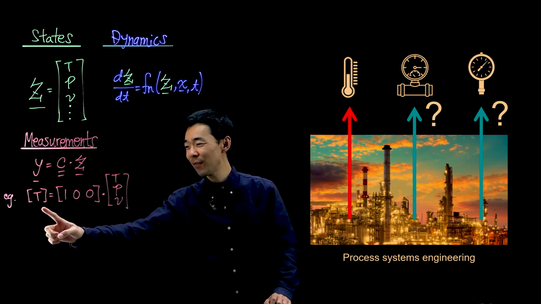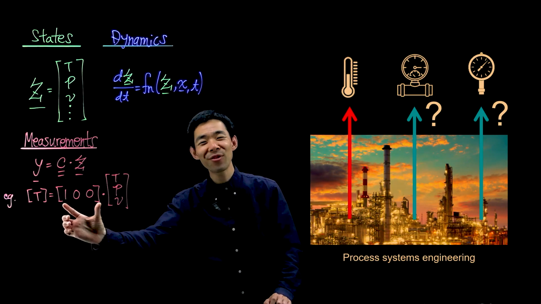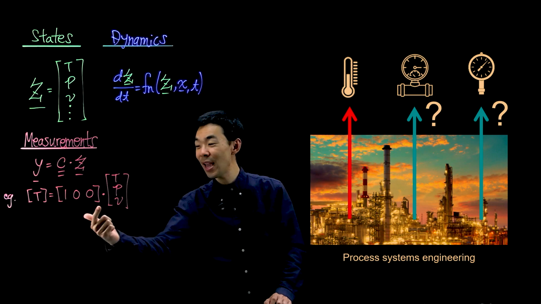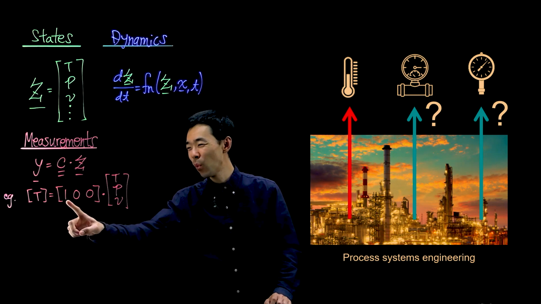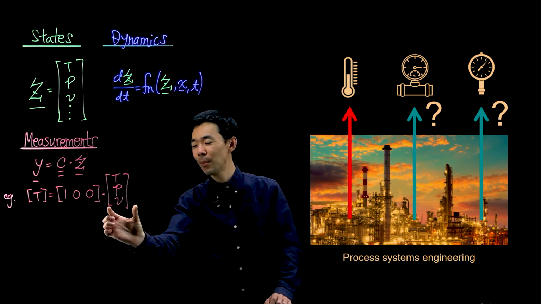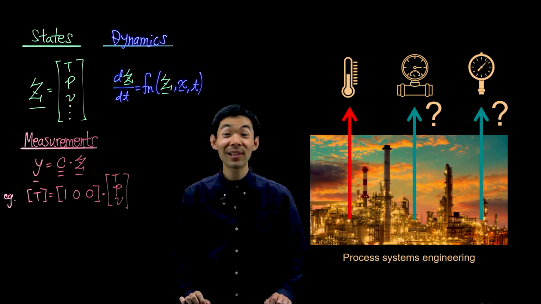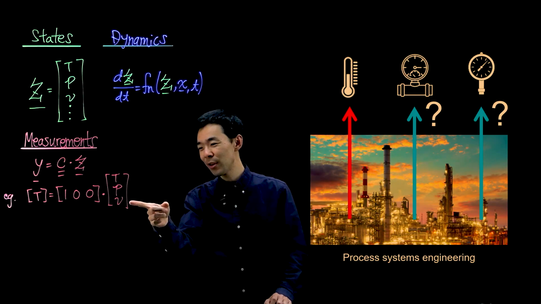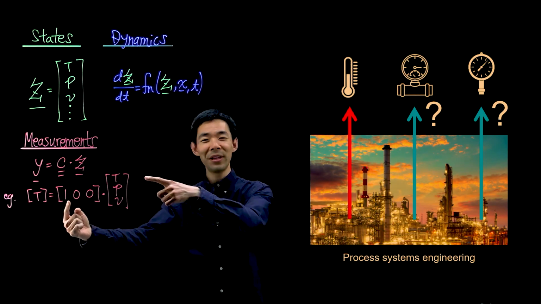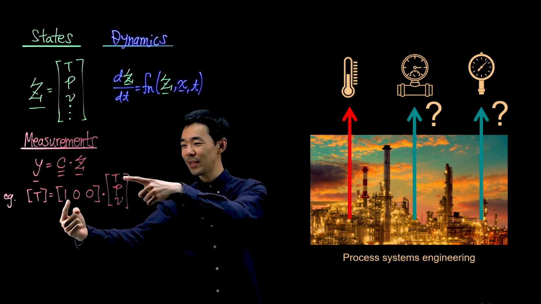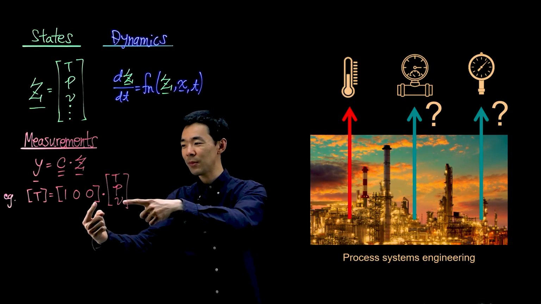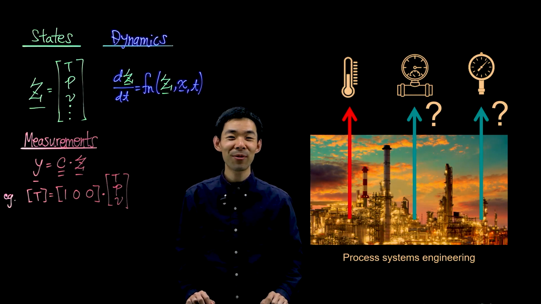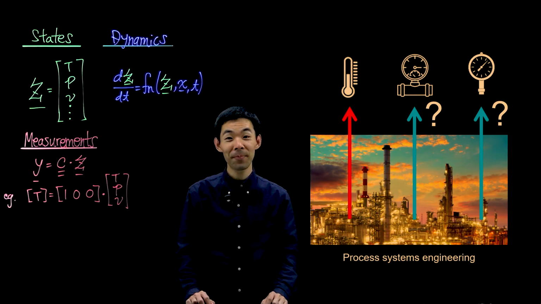And we have a measurement of that, and your measurement matrix, C, would just be a row vector of 1, 0, 0 multiplied against your full state vector, script Z. So we have temperature, pressure, and volumetric flow rate. So you could do a linear algebra calculation, 1 times t plus 0 times p, 0 times v, and out comes the only measurement that you have, in this case, temperature.